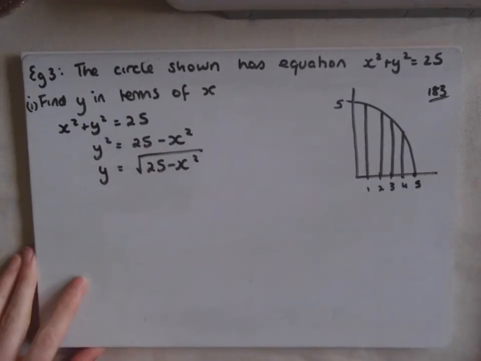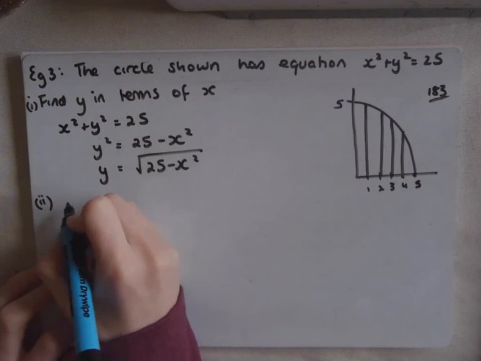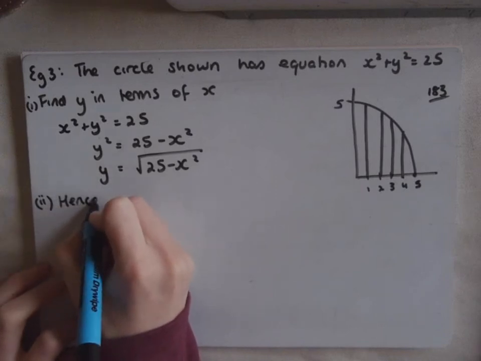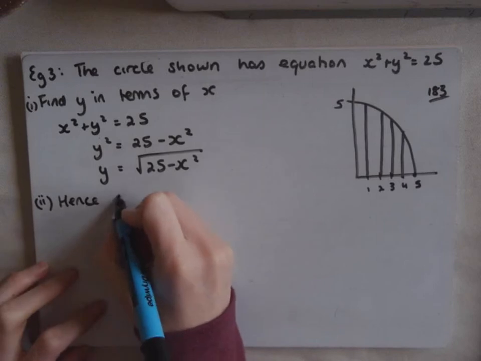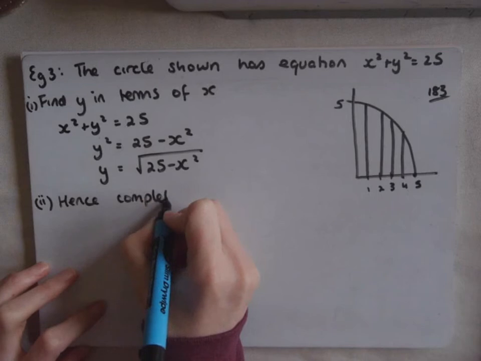Now, the first question is find y in terms of x. So nothing to do with area yet. I want y on its own. So that's going to be 25 minus x squared. But that's what y squared is. To get y, I just square root the other side. Okay, so that's y on its own.